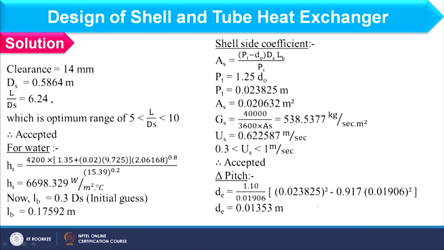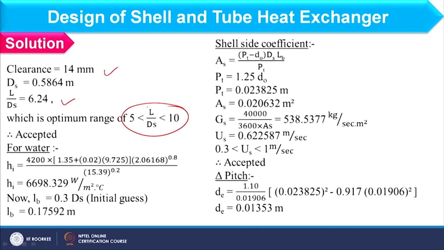And the clearance, again from the same graph, comes as 14 mm. The L by D ratio is 6.25, which is within the range. So the velocity and passes we can consider as the final or acceptable values.